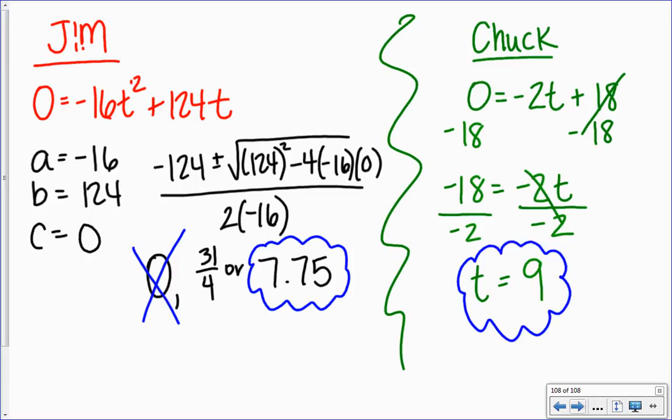So if I look at my question again for A, it said whose ball will hit the ground first. So with this, you got to think about what time means. It took Jim 7.75 seconds. It took Chuck 9 seconds. So if I'm comparing my times, Jim's ball is going to hit the ground first. It's going to hit the ground about a second and a half earlier before Chuck's.